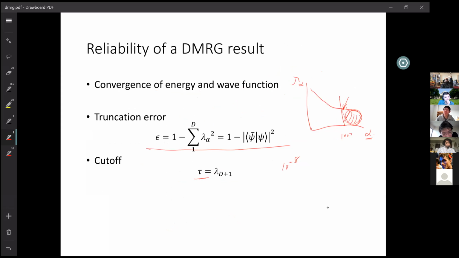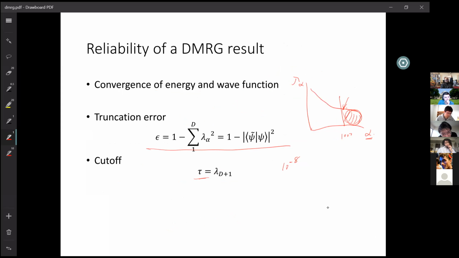Yes. So is it true that if you have some bound on the fidelity, then that implies some constraint on correlation functions of local operators?